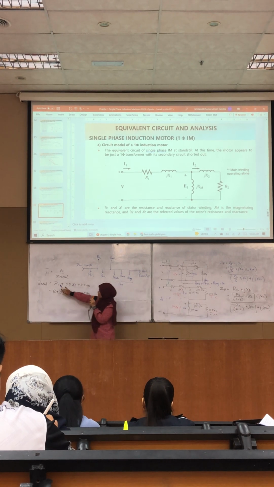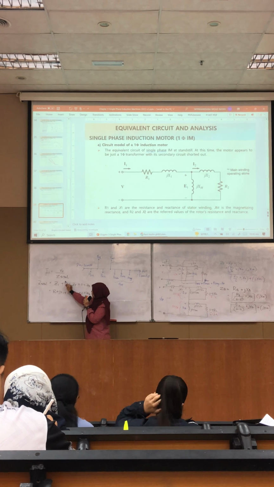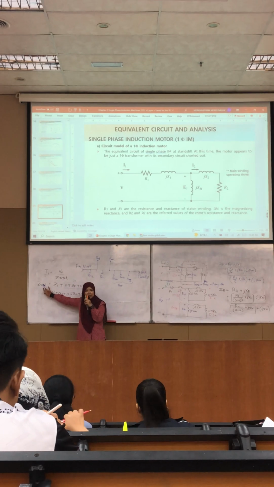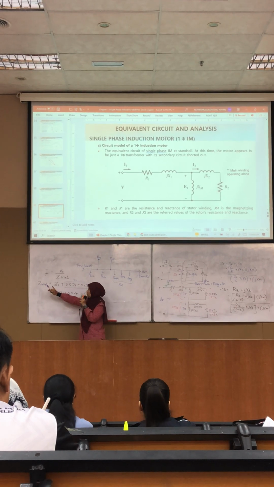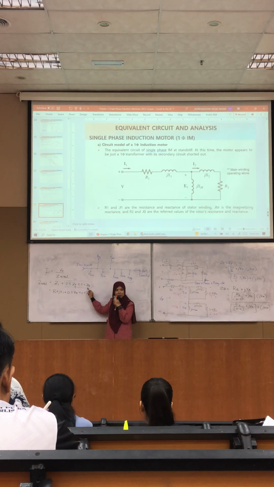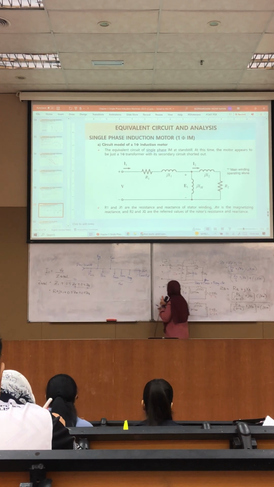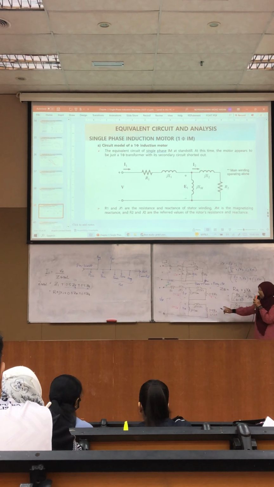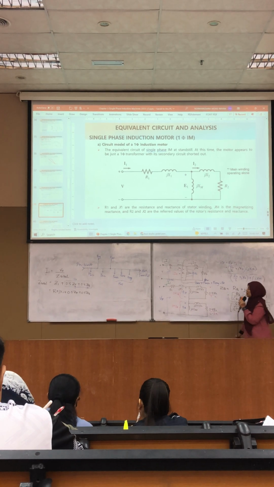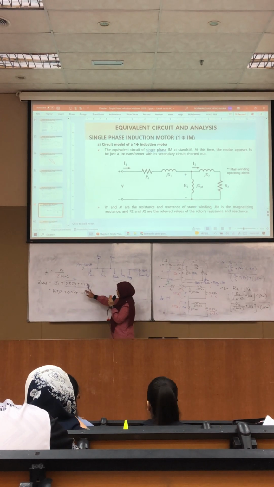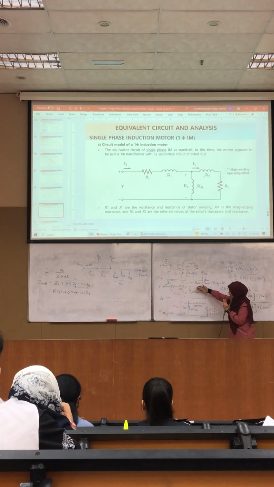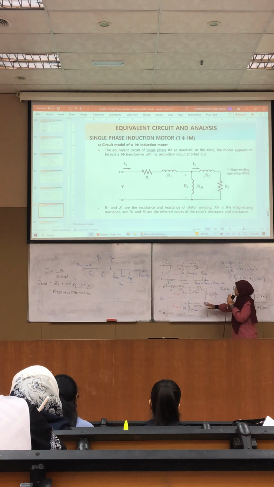So Z1 plus ZF is your Z total. Since it is one phase, kita divide dia kepada forward and backward. Kalau nak hafal yang ni. Yang ni tak bagi. Kita bagi formula tapi tak bagi. I won't give you this circuit. So forward and backward 0.5 because 0.5 upper and 0.5 lower level.